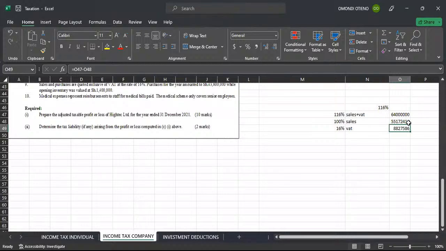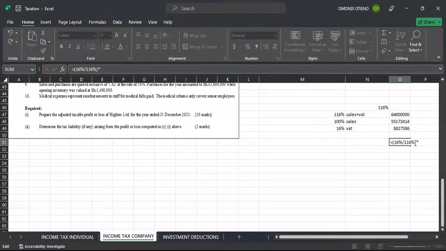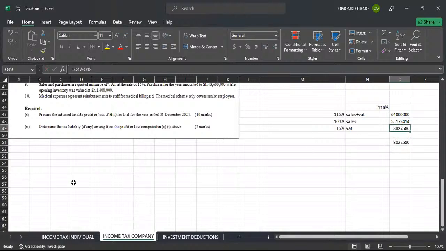Using this long procedure, another person who understands how these rates operate will say, if 116% is 64, 16% will be what? We took 16%, divided by 116%, close the bracket, then multiplied by the value given up there, which is this. If you do that, as you can see, we are arriving at the same value.